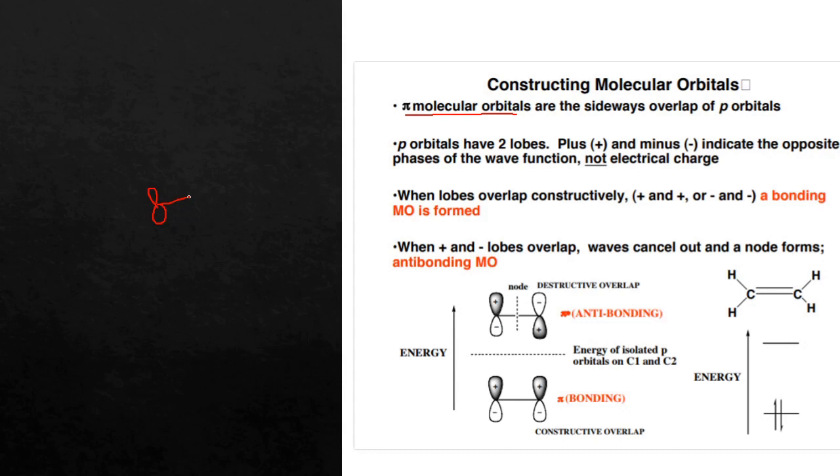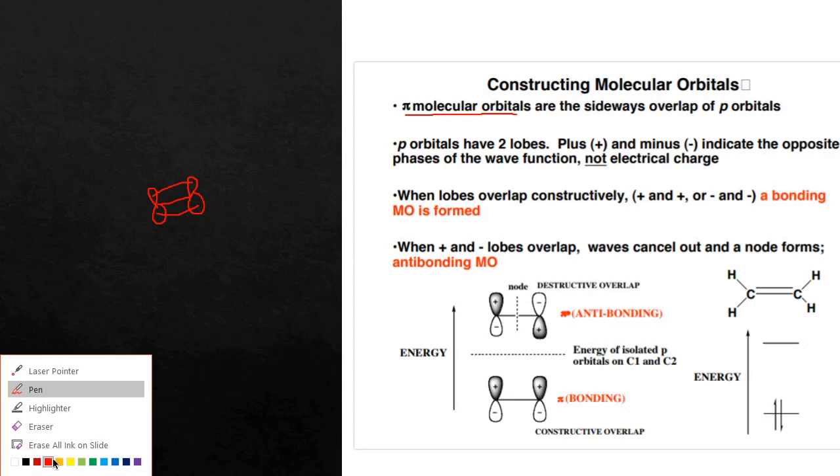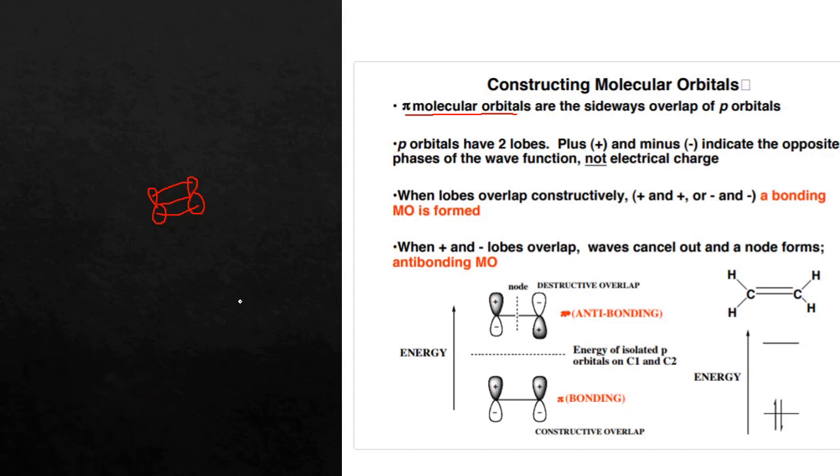When you have two p orbitals, these can overlap to form a pi molecular orbital, and you can see the p orbitals have two lobes. The plus and the minus sign indicates the opposite phases of the wave function, psi, as described by the Schrodinger wave equation.